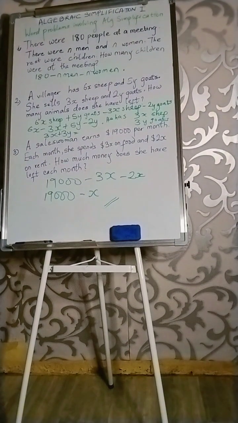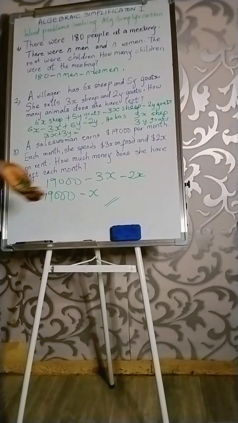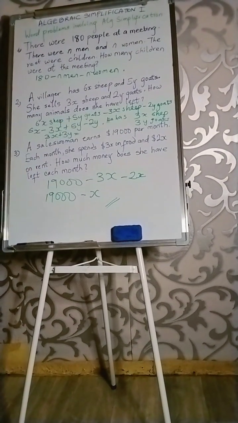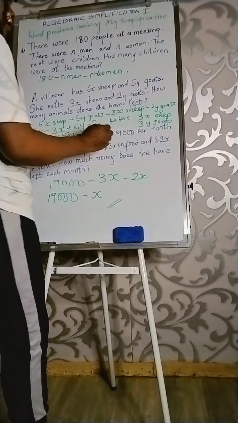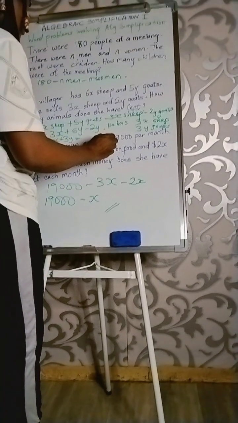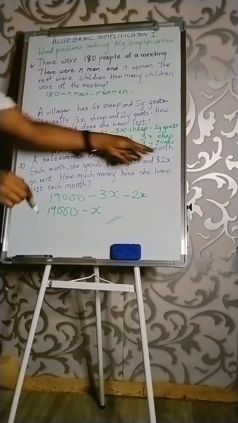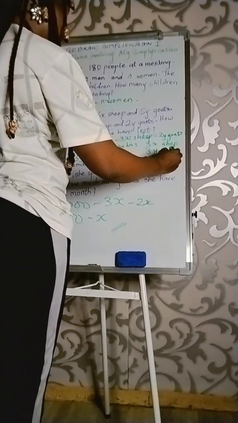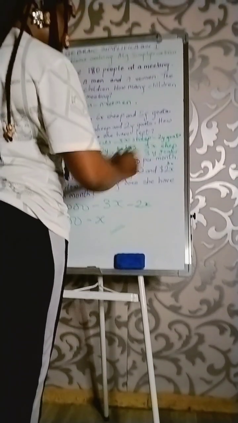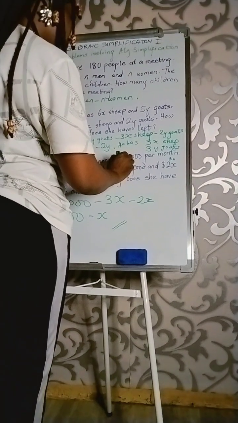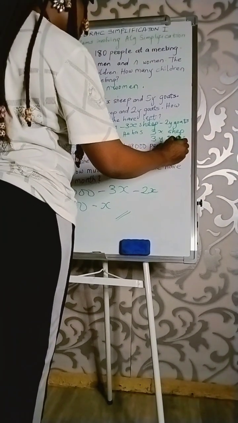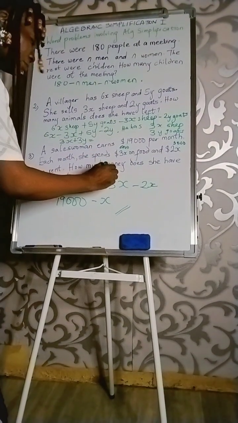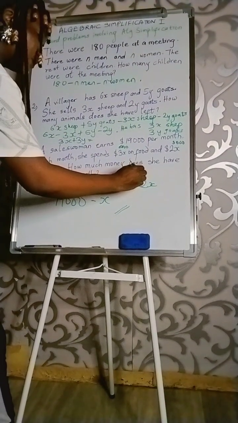If you are to fix a number here, it will seem difficult in your eye, but it's very simple. You have to fix a number because they use 3x. You can decide, okay, let the 3x be 6,000, and let the money on rent be 5,000.